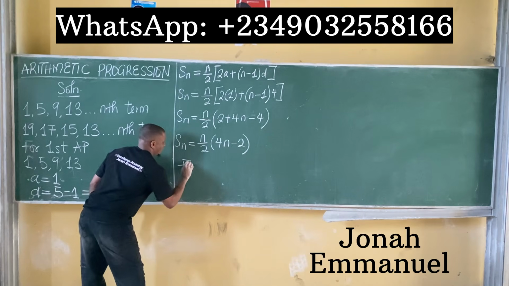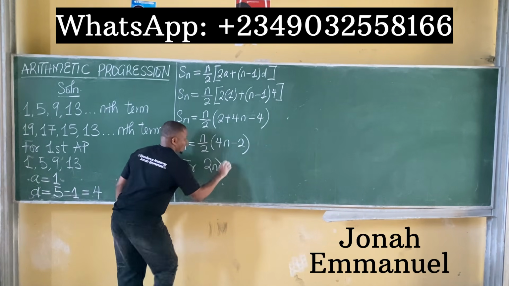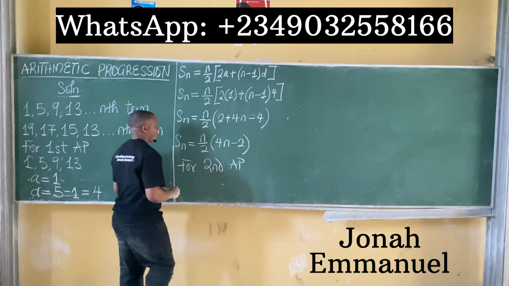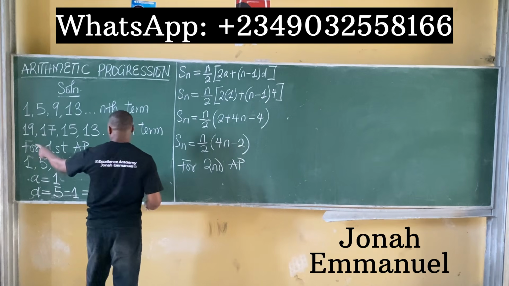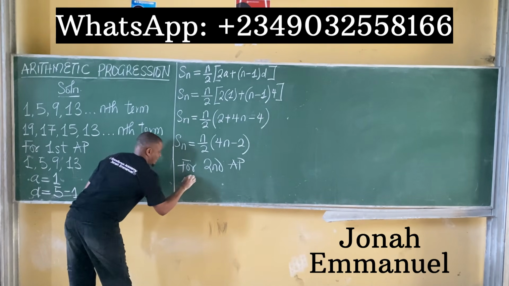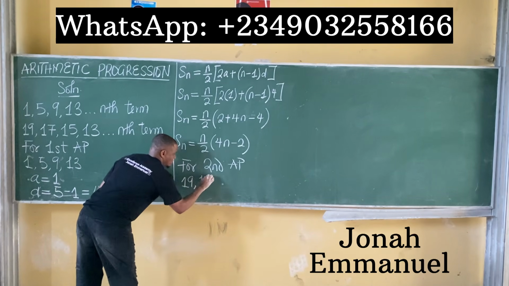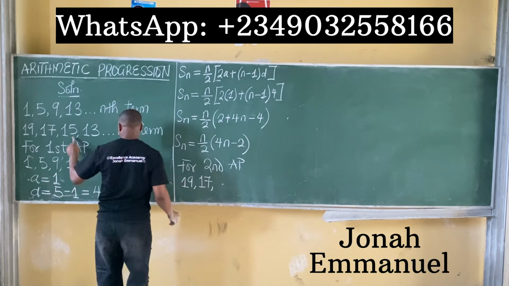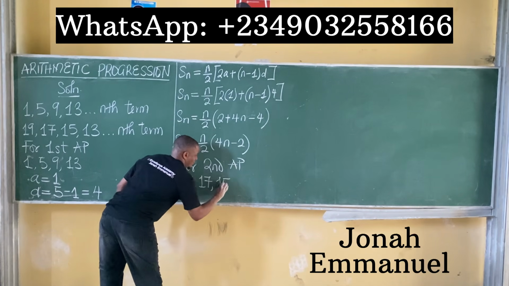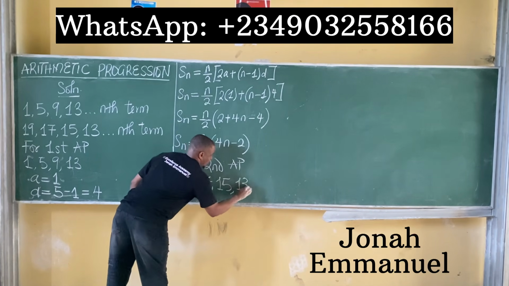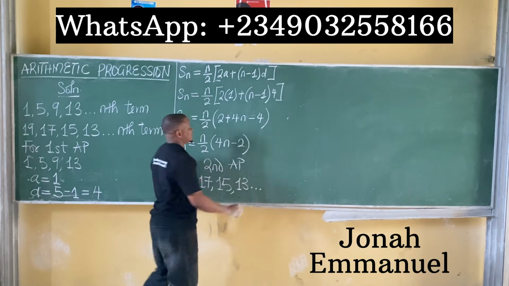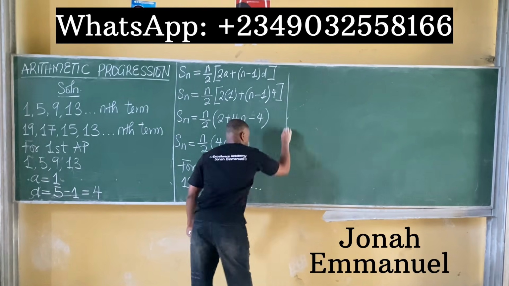Let's take the second AP. For the second AP, what we have there is 19, 17, 15, 13, and it continues. Let's get the first term and the common difference.